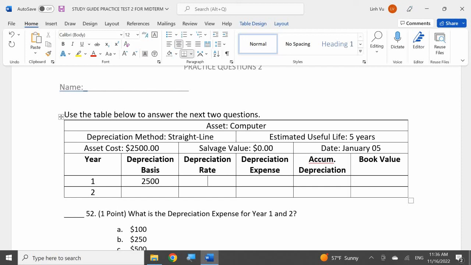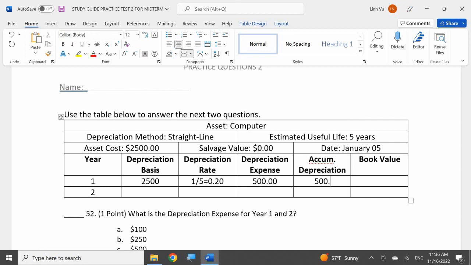The depreciation rate is going to be 1 over the estimated useful life of 5, so that's going to give you 20%. 20% times $2,500 will give you $500.